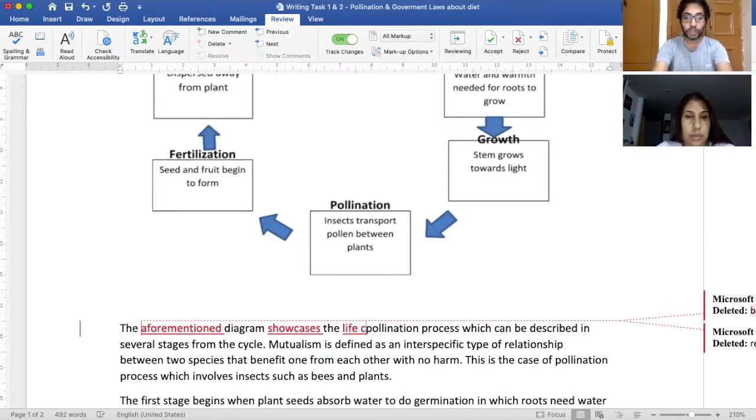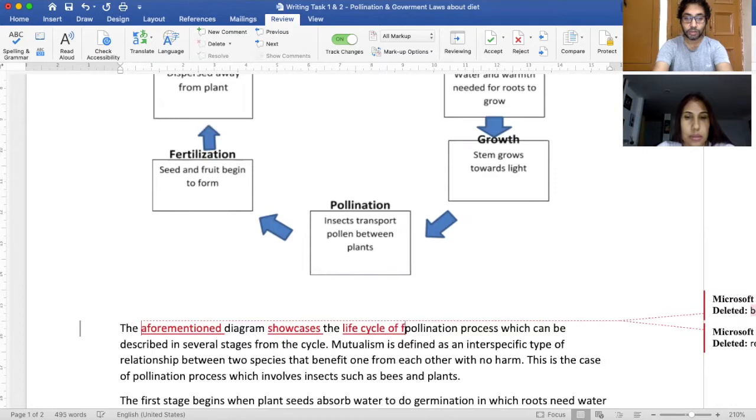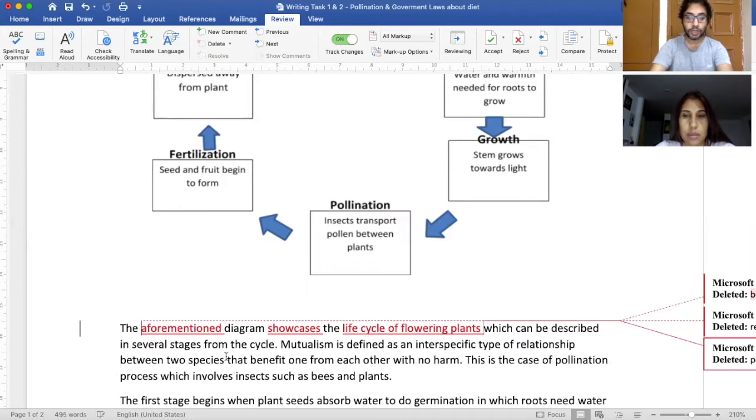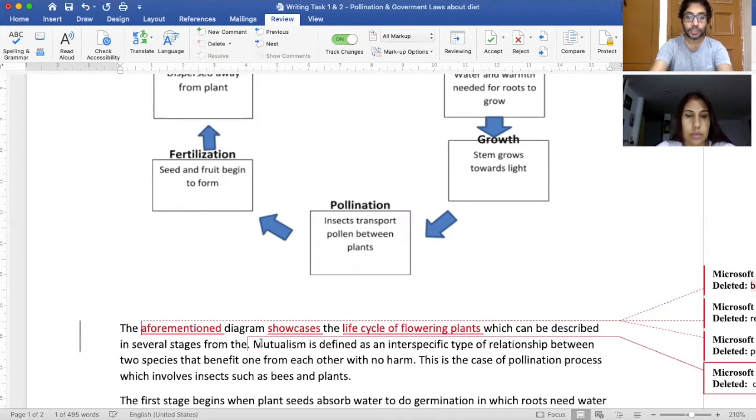Okay. The whole life cycle of flowering plants, which can be described in several stages.